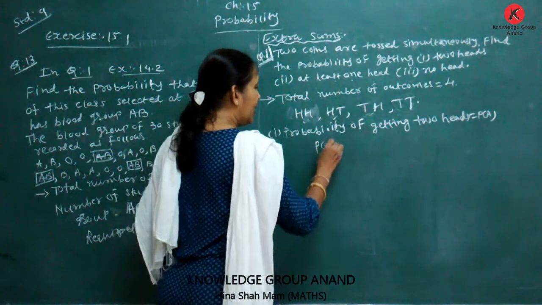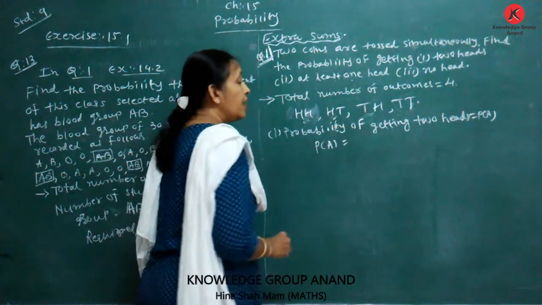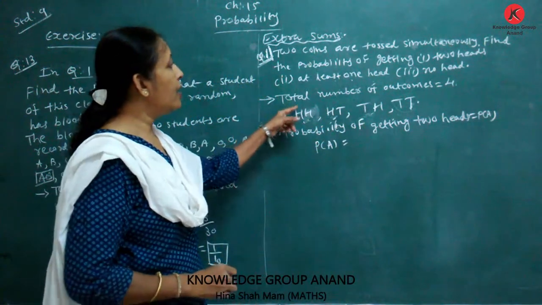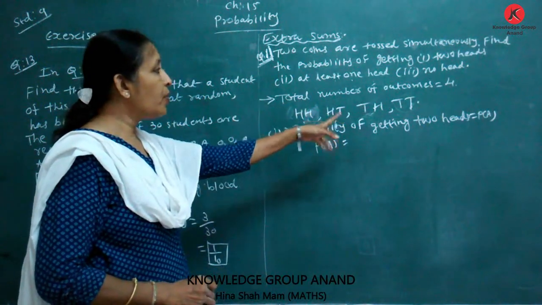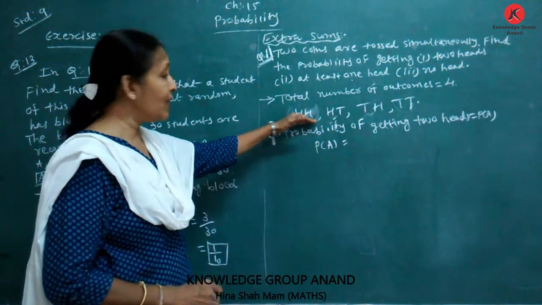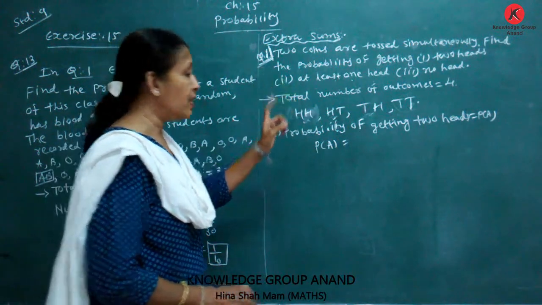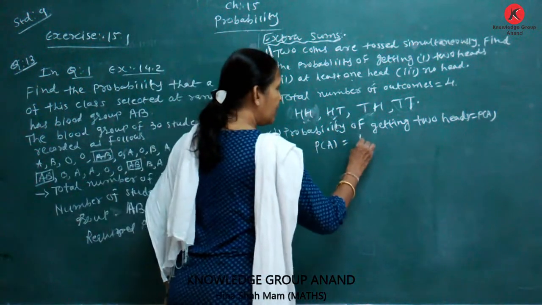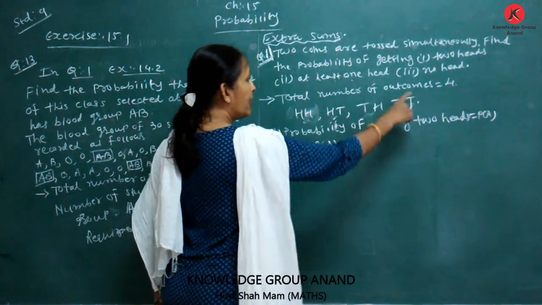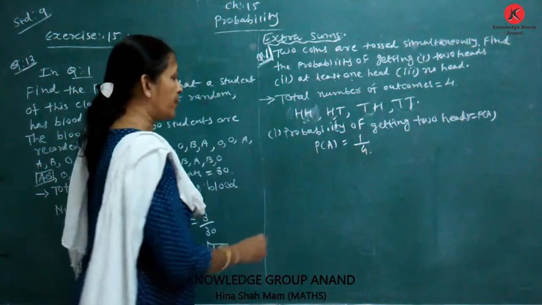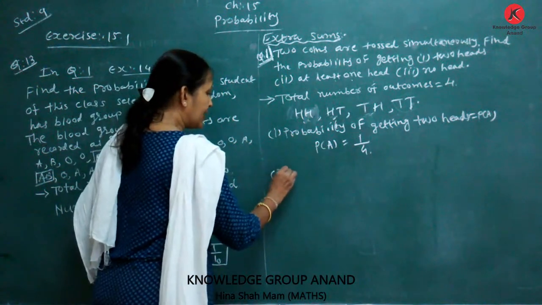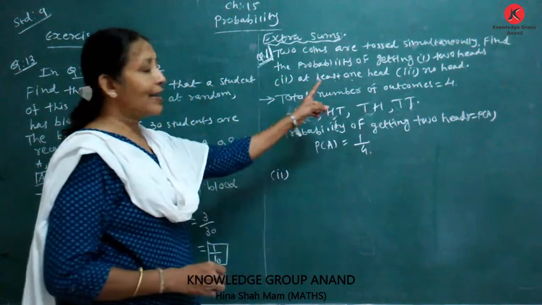Therefore, P(A) is the probability of getting 2 heads. 2 heads is here, only 1 outcome, equal to 1 upon total number of outcomes, which is equal to 1 by 4. Second question: at least 1 head.